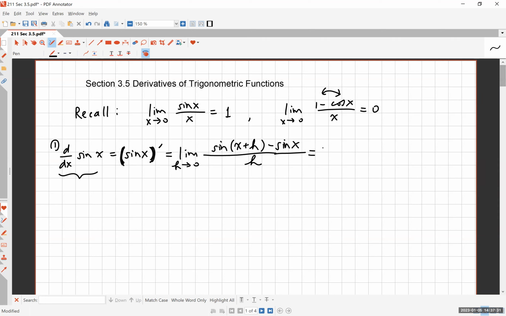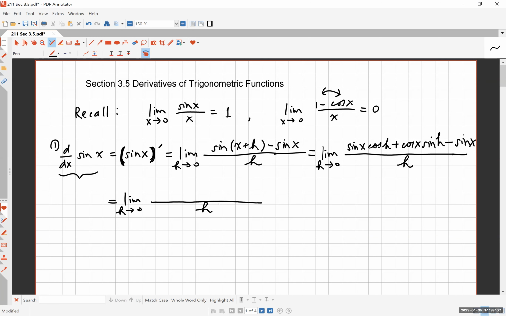So what can you do next? Not much. You can't factor anything, right? But we do have a formula for the sine of a plus b, or alpha plus beta. Sine of x plus h is sine of x cosine of h plus cosine of x sine of h, and then of course you have minus sine of x at the end. So far this is what you get.